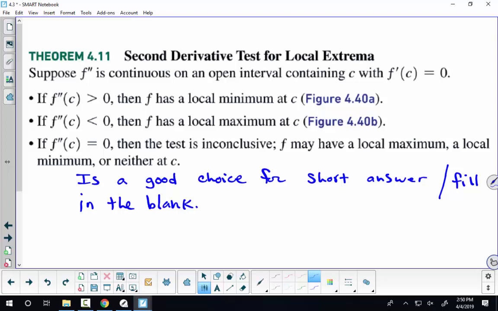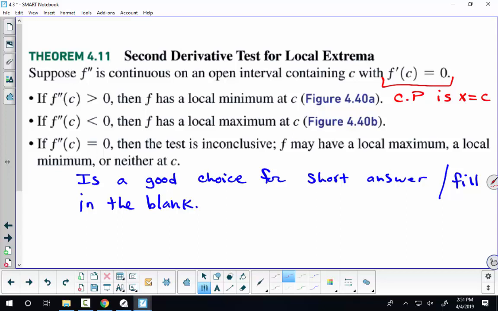But what it says is the second derivative is continuous on an interval containing c, with the first derivative evaluated at c equal to 0. So c is a critical point. And then it says if we take that critical point, x equals c, and plug that into our second derivative: if the second derivative is positive at the critical point, then you've got a local minimum.